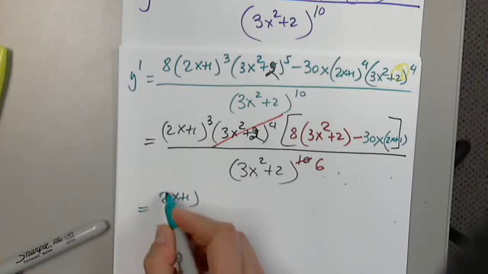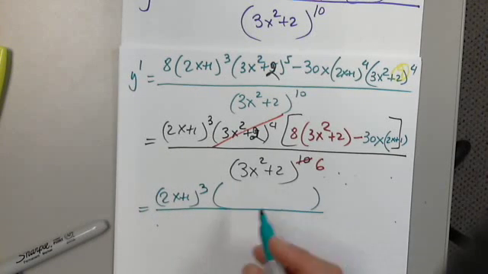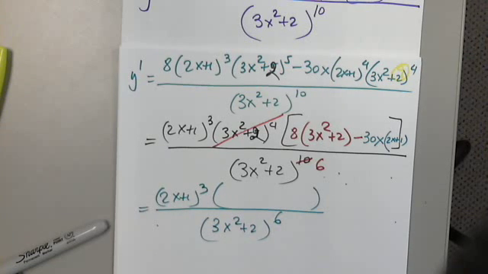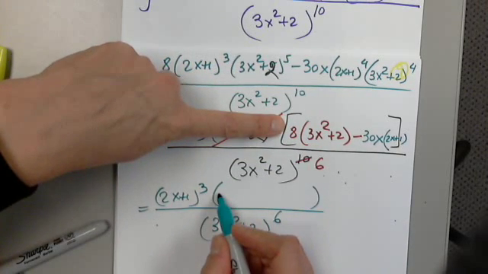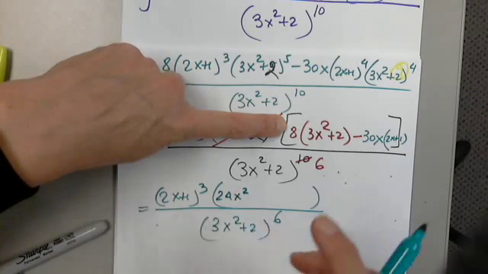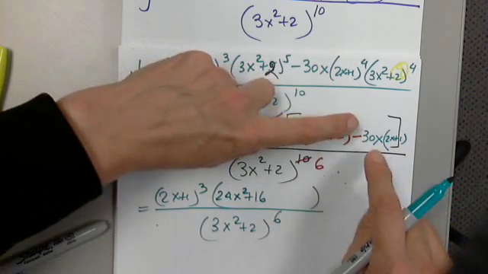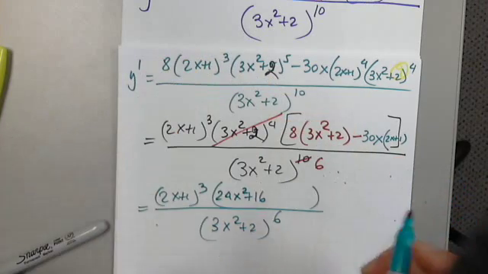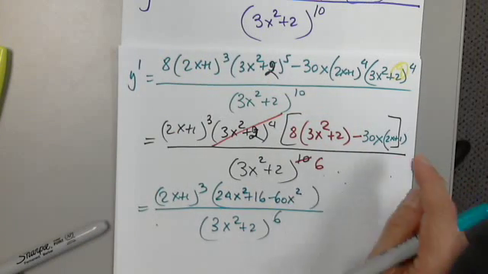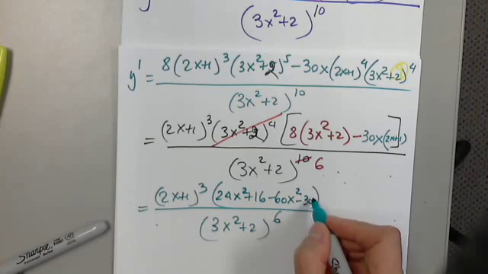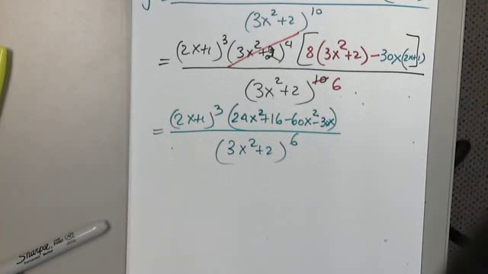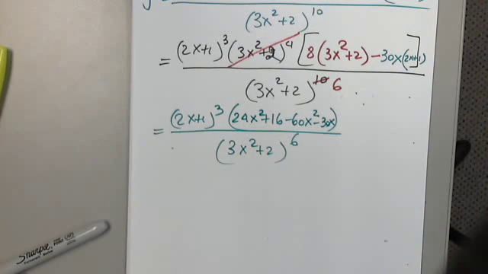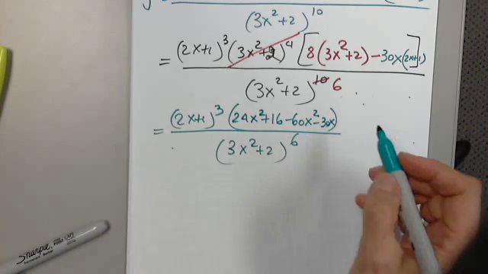Finally, 2x plus 1 to the third over 3x squared plus 2 to the sixth, times 8 times 3x squared plus 16, minus 30x times 2x plus 1. Yes, I will combine like terms and arrange this polynomial in descending order, and I will factor out the negative leading coefficient.